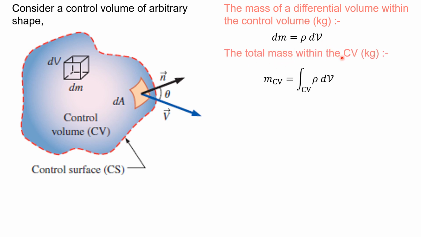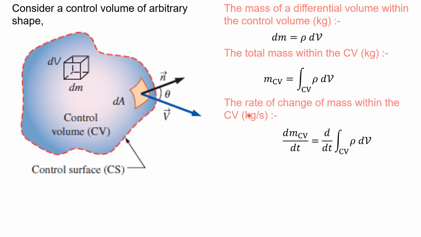Okay, the total mass within the CV we can find by integrating this formula, and the net change of mass within the CV we can find using the formula.